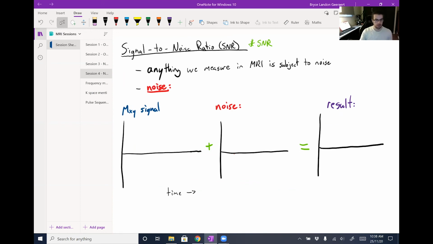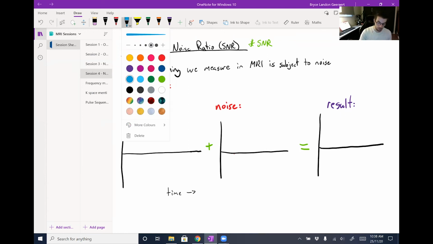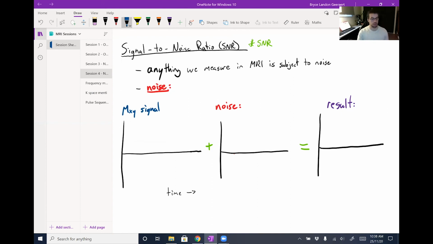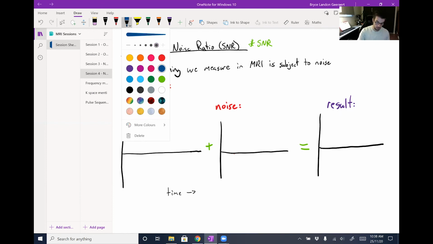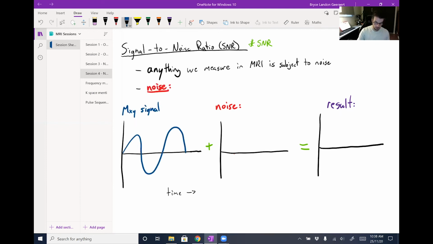The signal to noise ratio, the explanation is kind of in the name, but it's worth getting some exposure to what that exactly means. There is signal, which is what we have been talking about so far, our NMV and its precession and our recording it from a point of reference, which gives us this sinusoidal curve.